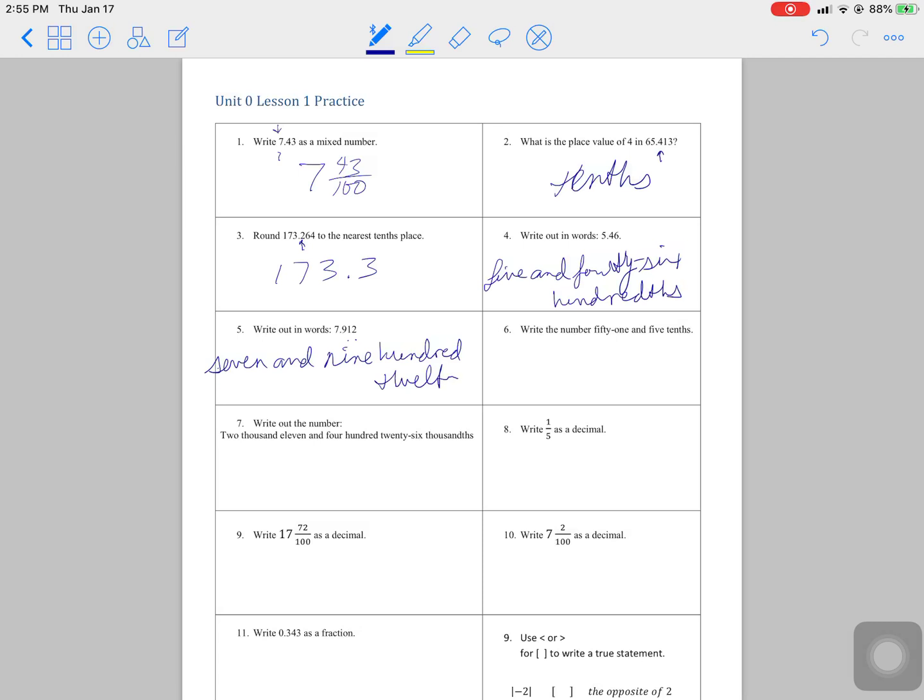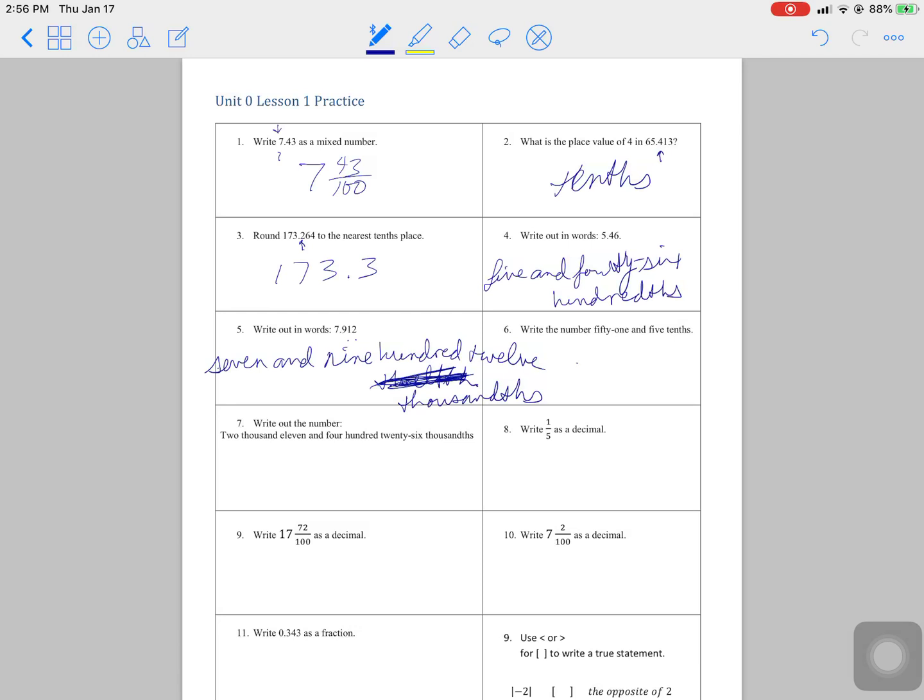How do you spell thousandths? Thousandths. Okay, 7 and 912 thousandths.